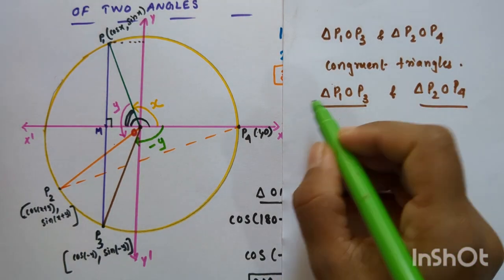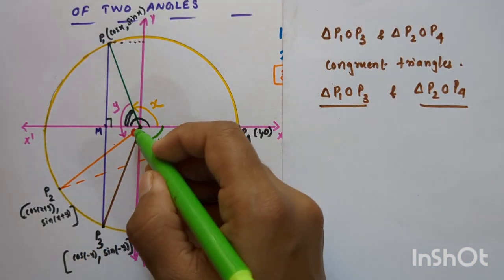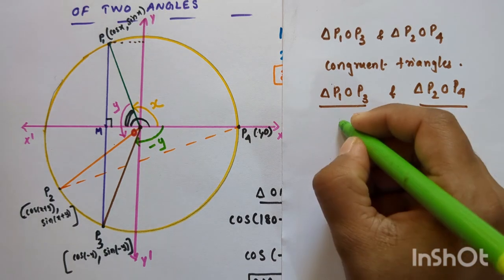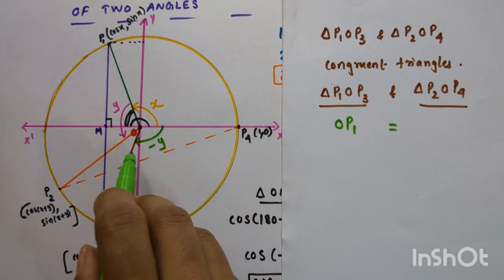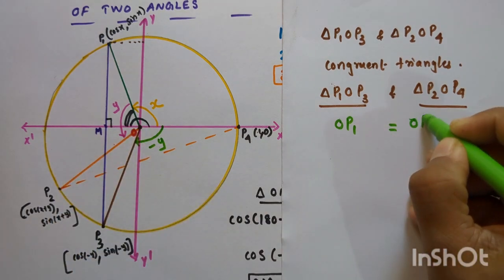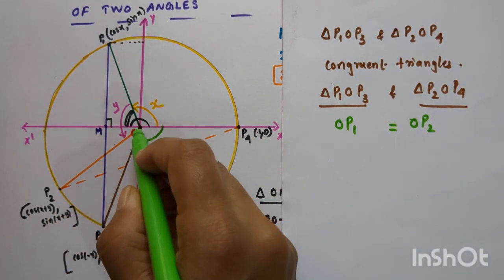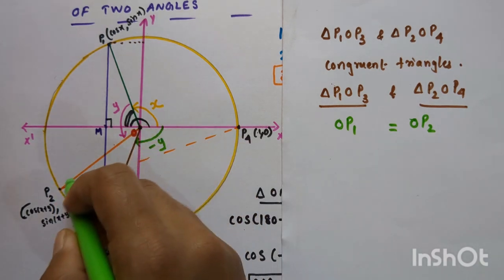Because when you consider triangle P1 O P3 and triangle P2 O P4, see this side OP1, which is a radius of the circle, is equal to this side OP2 of the second triangle, because OP2 is also equal to the radius.